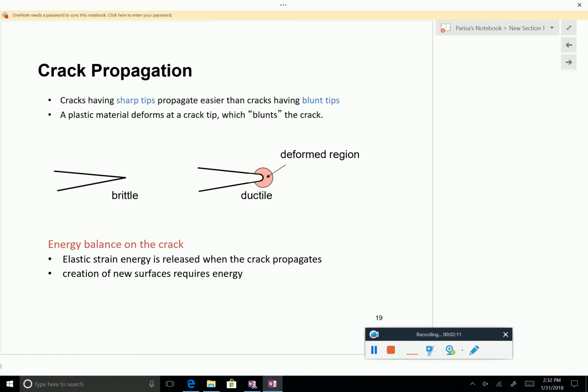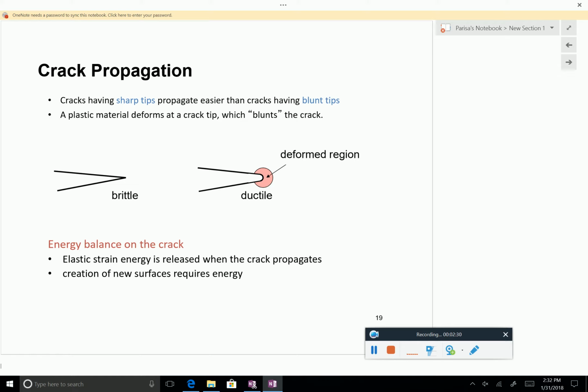And you have a plastically deformed region here, which makes the crack less sharp. And that's one reason in ductile material we have this warning phase where the crack doesn't propagate as fast.